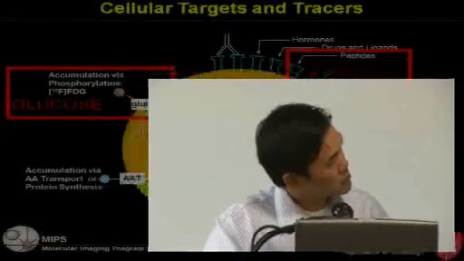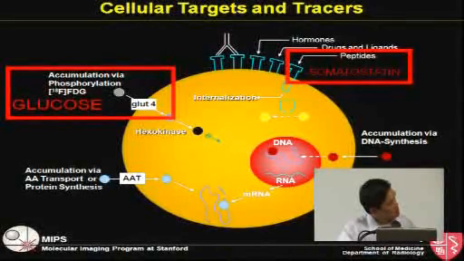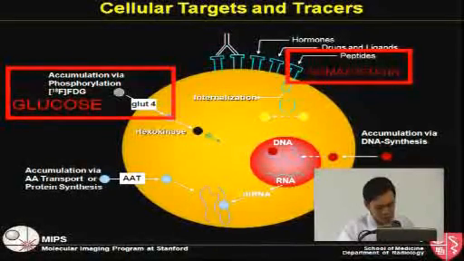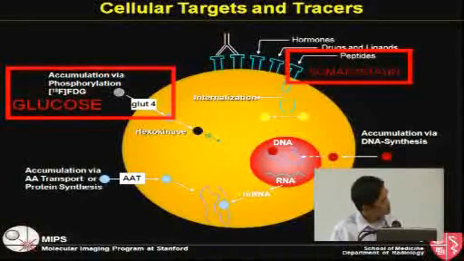I'll show you that in the following slide. Another possibility is that all tumors need glucose to grow. They have a transporter that brings sugar into the cell to help them grow, and again, we can take advantage of this to help with imaging.